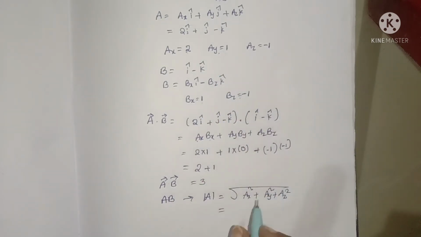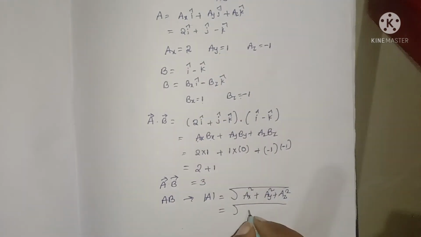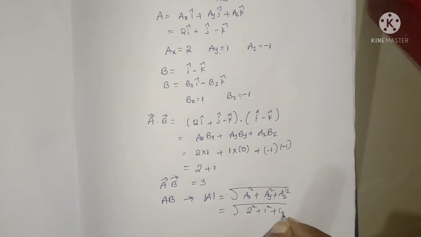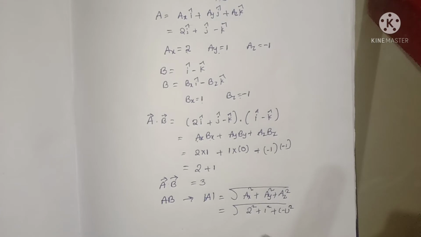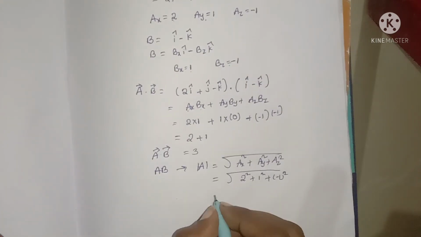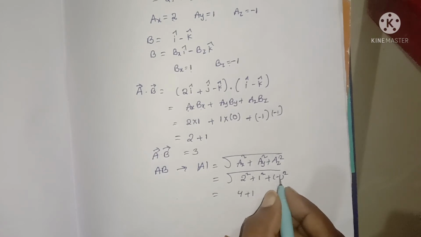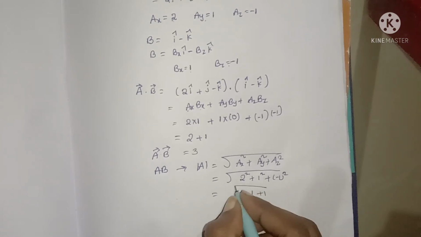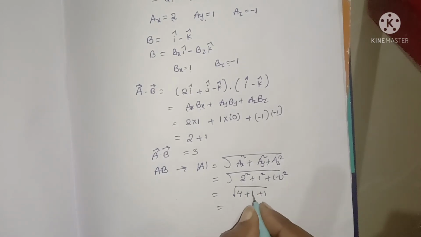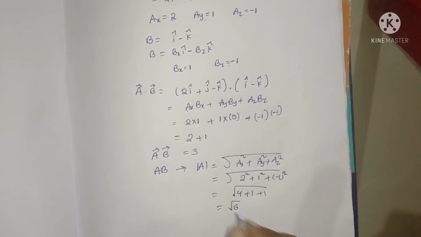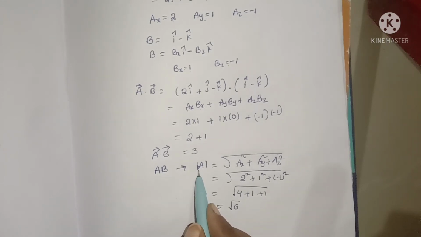Substituting, root of 2 square plus 1 square plus minus 1 square. 2 square is 4, plus 1, plus 1. So 4 plus 1 plus 1 is 6. So this is the magnitude of A.